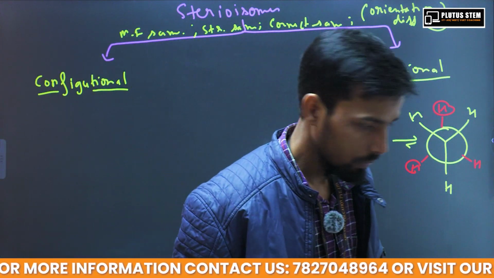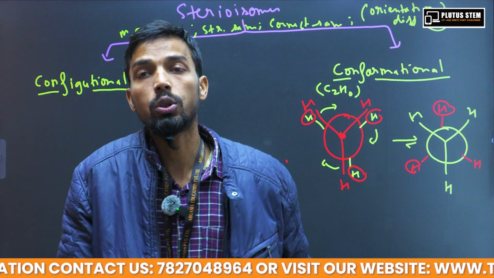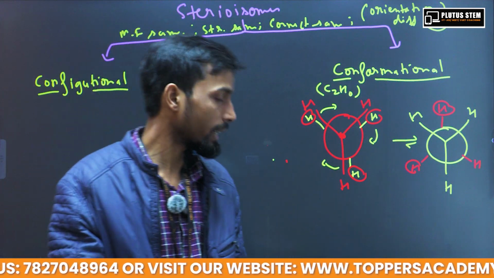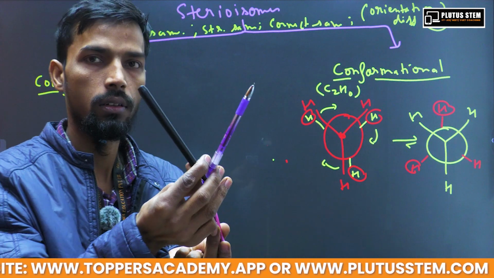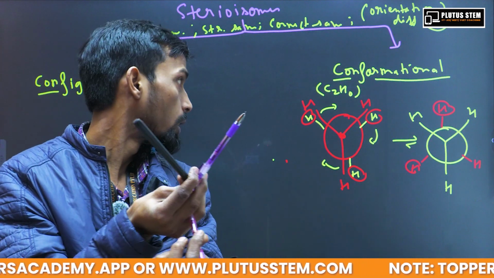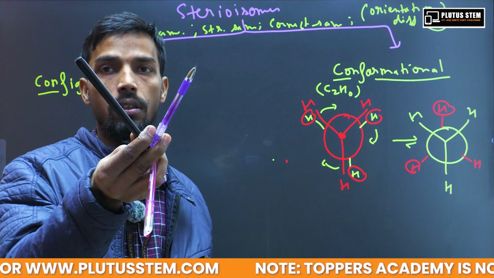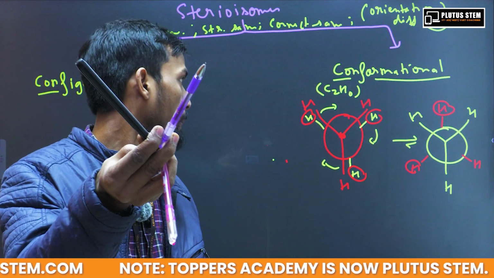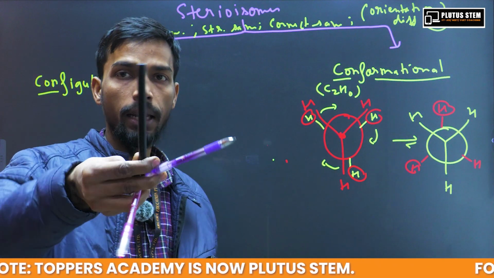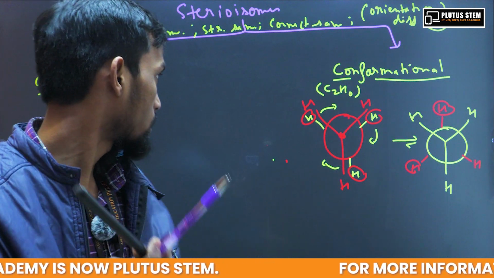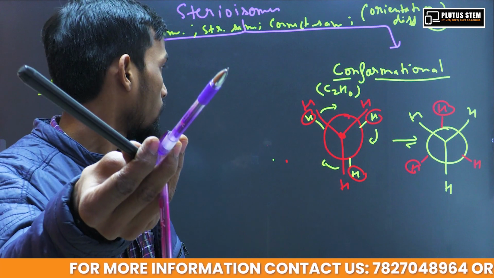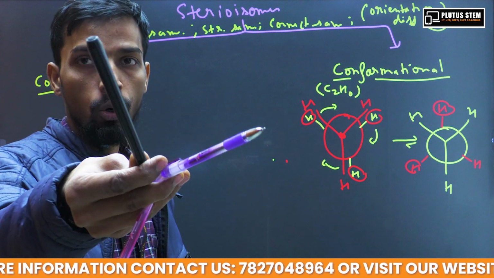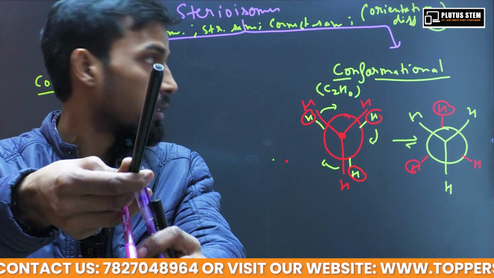So if I would like to show you how these are being oriented, this orientation is like this. The 3 hydrogens are like this, and after the movement they became like this. The upper 3 hydrogens are shown like this, and after a bit of movement we are making them like this.